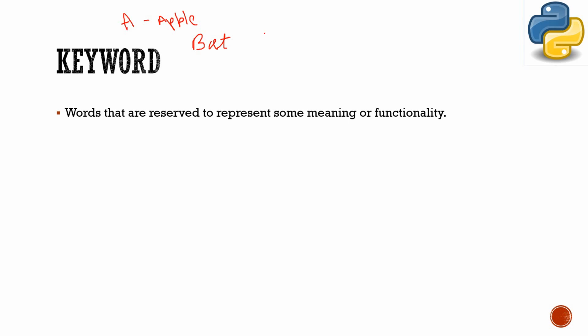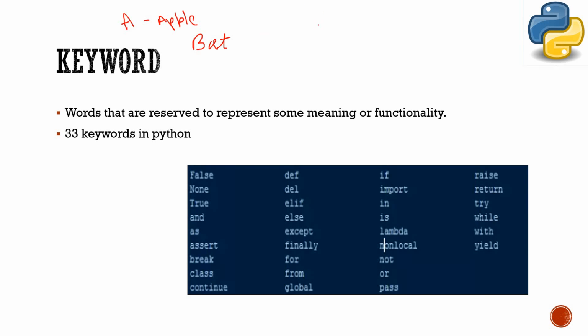But in our language Python, we only have 33 keywords around which our complete language revolves. Whereas in other languages, we have thousands of crores of words. We have only 33 keywords in Python. Okay. Only 33.